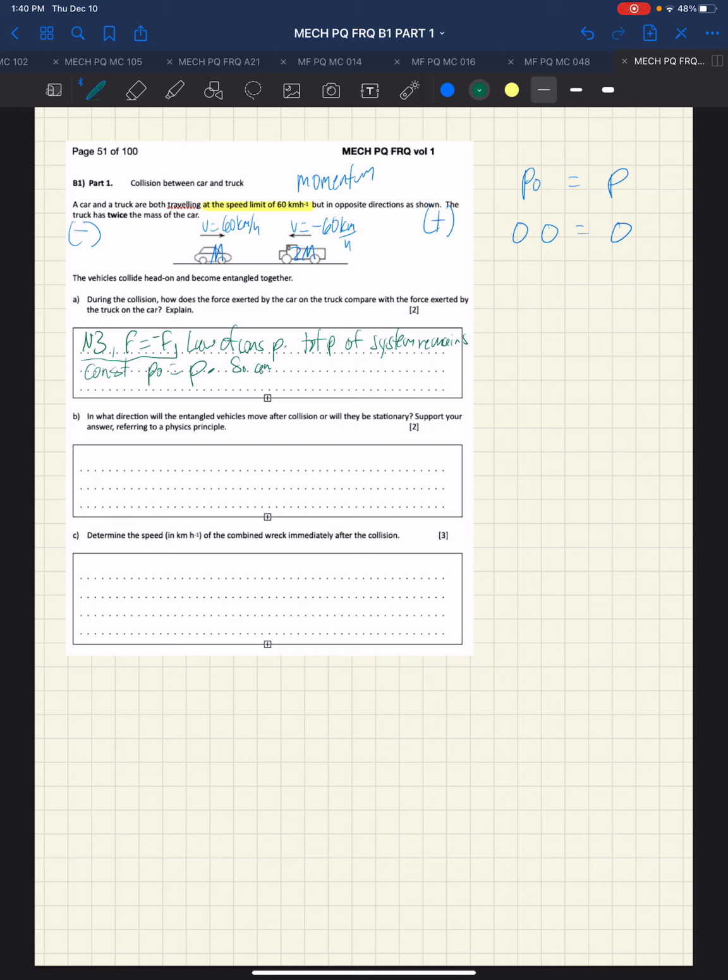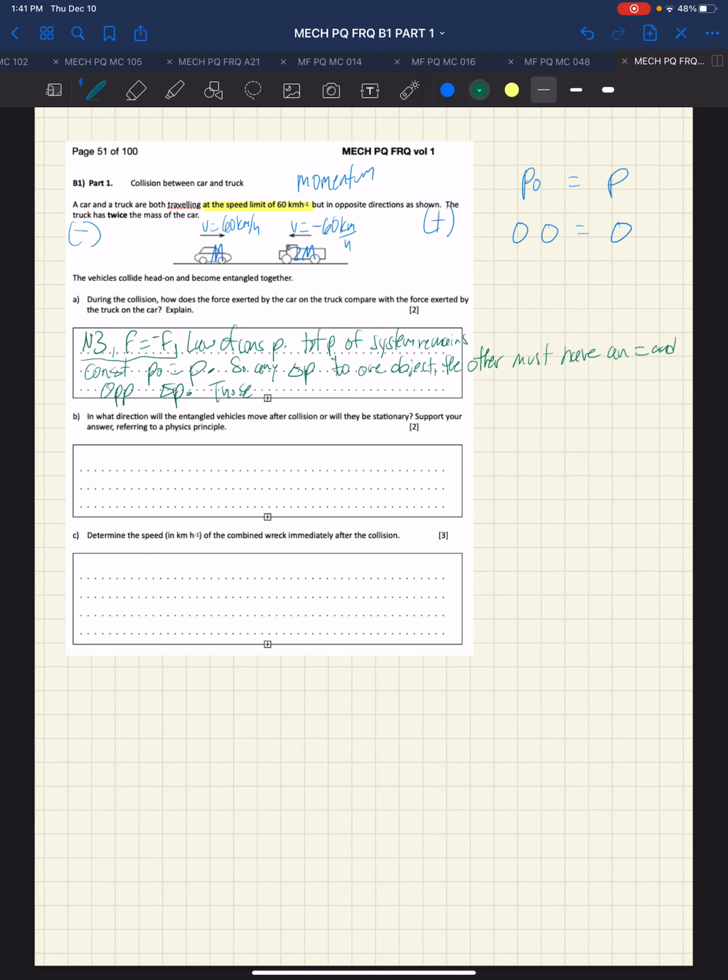So any change in momentum to one object, the other must have an equal and opposite change in momentum.